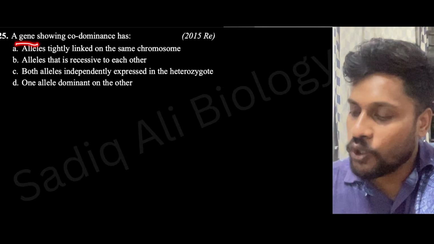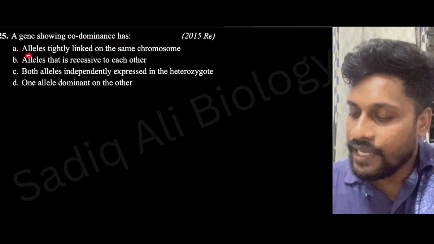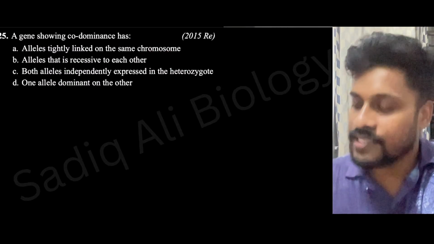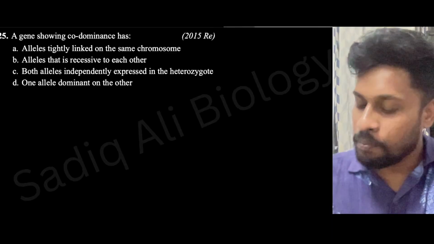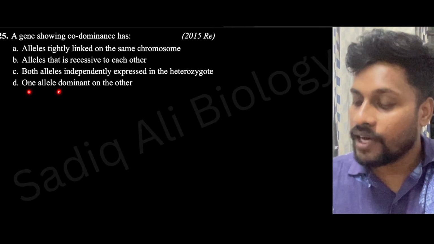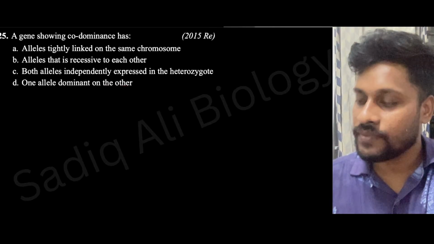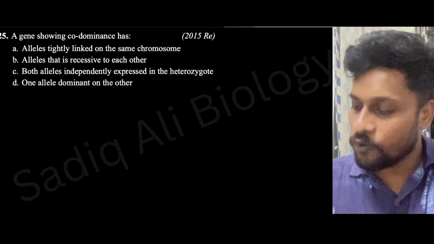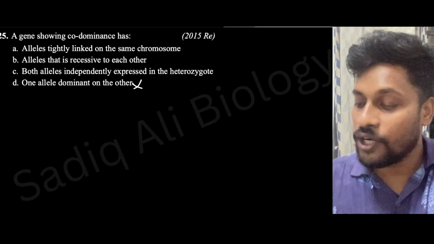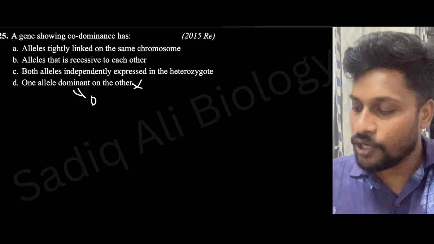A gene showing codominance has alleles tightly linked on the same chromosome, alleles that are recessive to each other, both alleles independently expressed in heterozygote, or one allele dominant over the other. What will be the answer? If one allele is dominant over the other, this is called dominance.